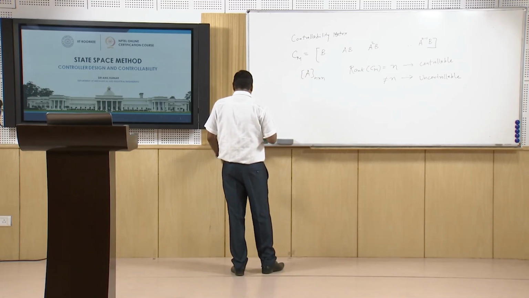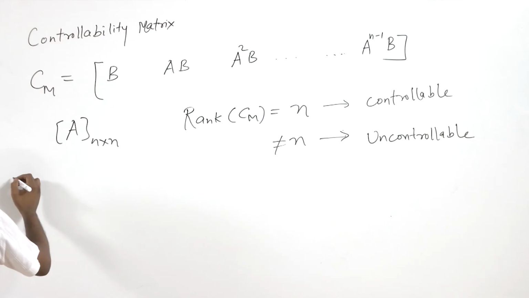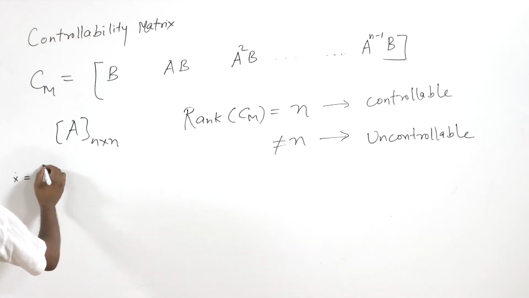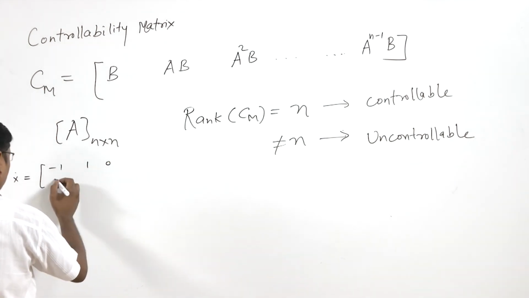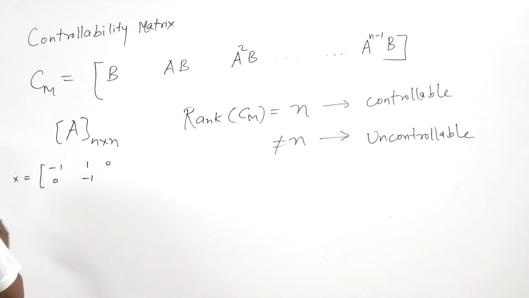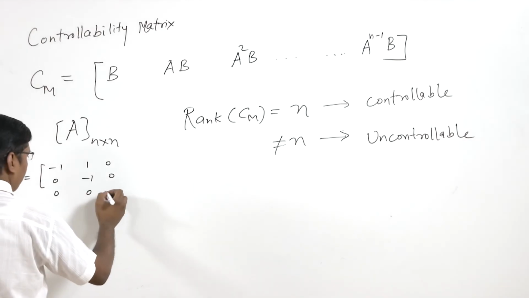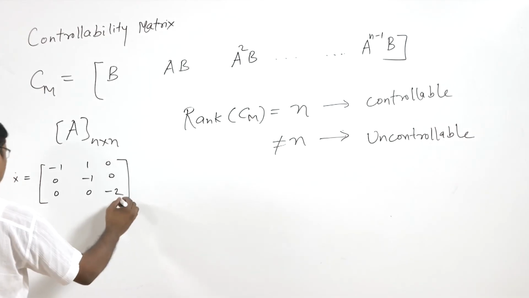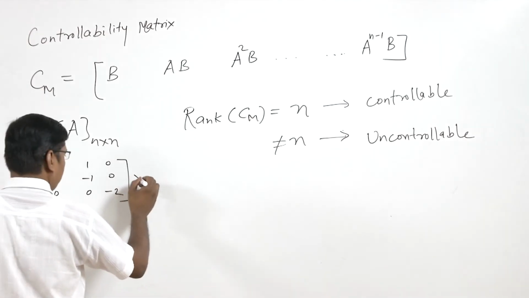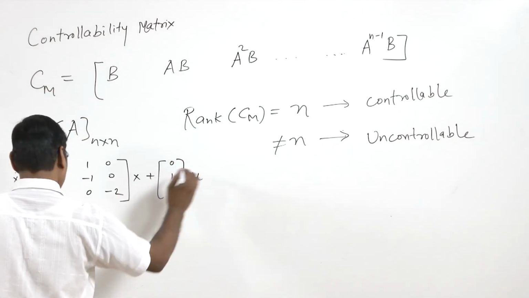Suppose we have a system x dot equal to [minus 1, 1, 0; 0, minus 1, 0; 0, 0, minus 2] x plus [0; 1; 1] u.